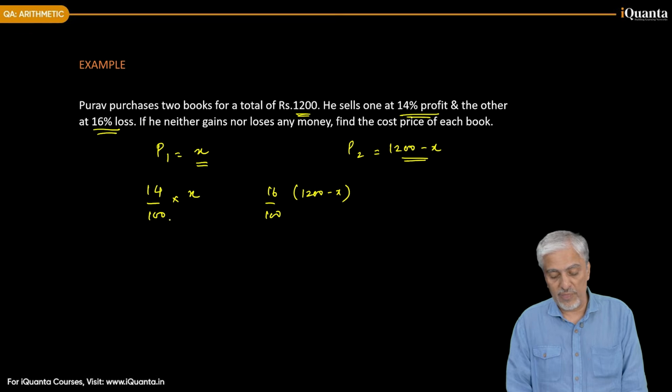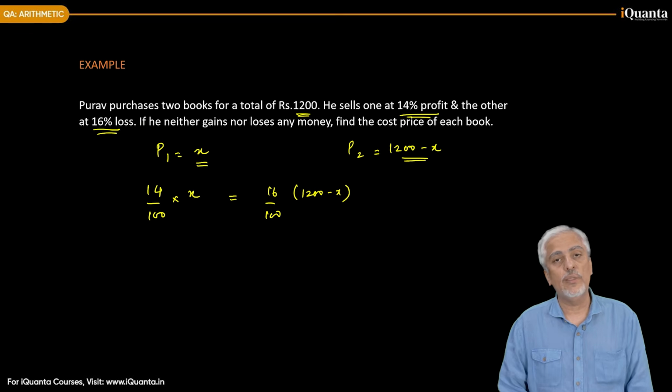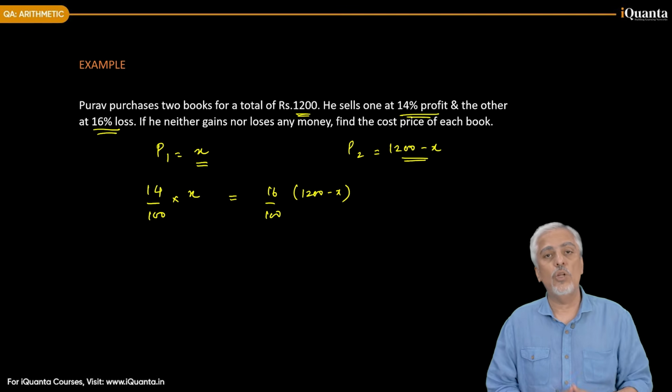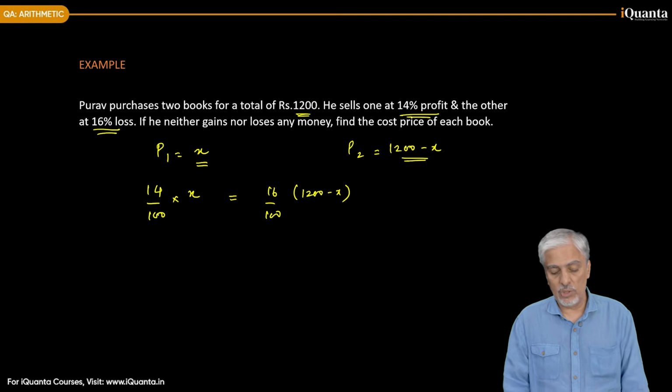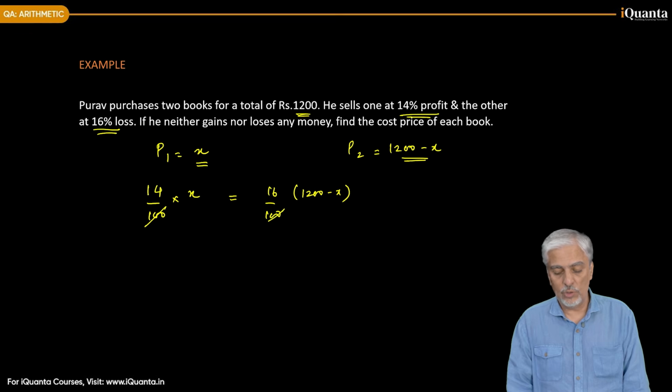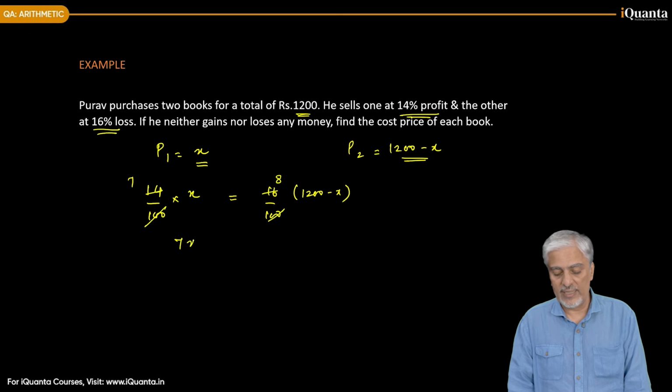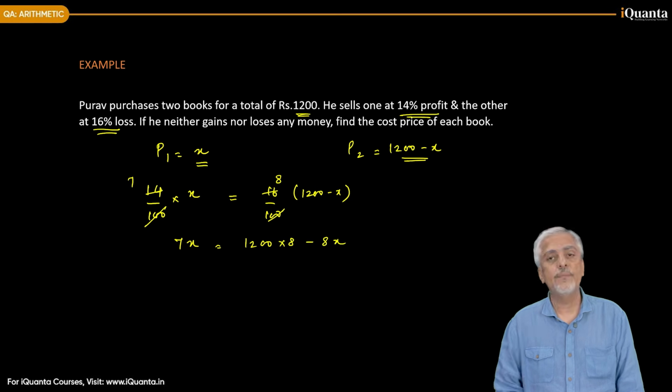Which means the profit made over here is equal to the loss over here. The profit made on the first book has to be equal to the loss made on the second book. So this 100 will cut out. 2 7s are 14, 2 8s are 16, will cut out. So I'll get 7x is equal to 1200 into 8 minus 8x.